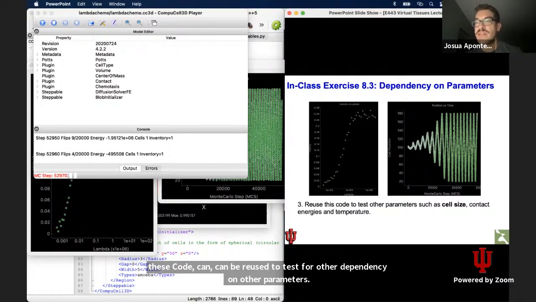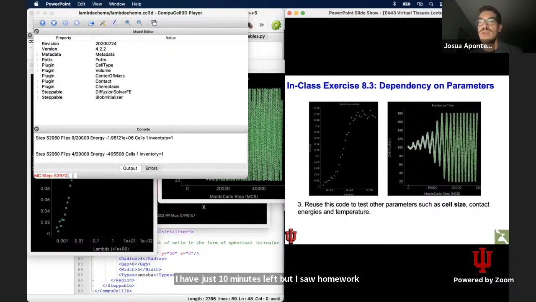I have just 10 minutes left, but as a homework, we'll ask you to change some of these other parameters like the cell size and the contact energy, and whether you have more than one cell or not, to see how the speed or the velocity of the cell changes as a function of changing those parameters.